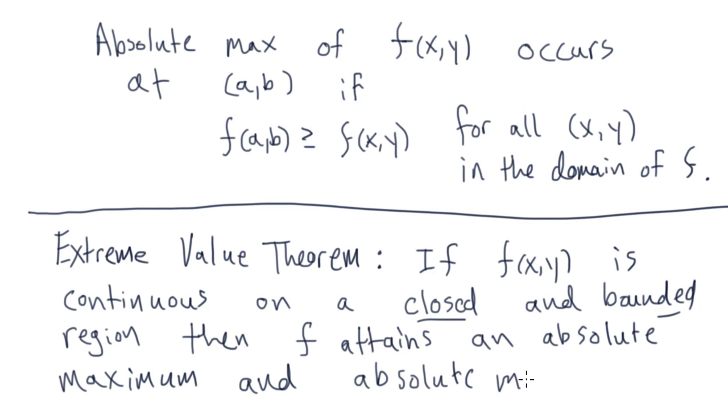You should really just think about the one variable case, where we want a function to be continuous on a closed interval. This is a little bit different: a closed and bounded region. We're going to have to talk about what that means. But assuming we have these two things, then f will attain an absolute maximum and absolute minimum on this region.